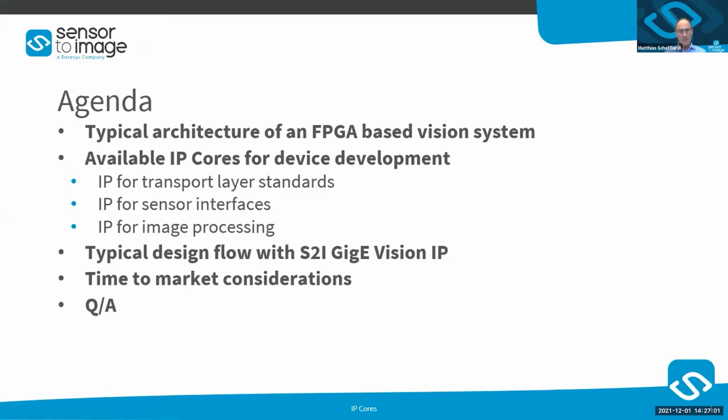As we are offering some of these IP cores, I want to demonstrate the typical design flow when using a GigE Vision IP core as example, to give you an idea what is provided with an IP core, what is still to do. And finally, some ideas about time to market considerations, what effort has to be done if you want to do it from scratch, or what benefit you get if you use IP components.